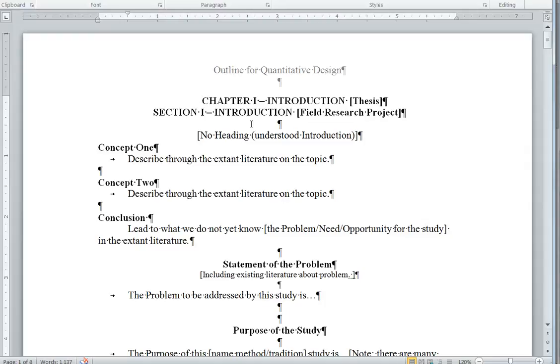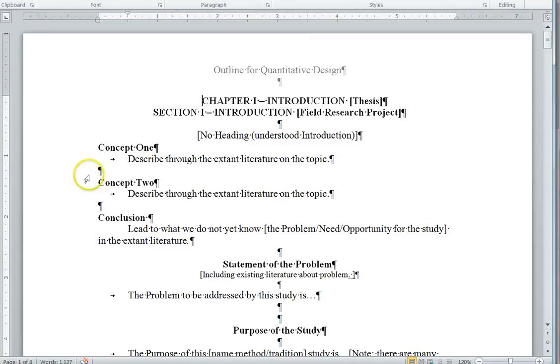The quantitative method we're going to take a look at is survey, because it's often done in organizations, and we're going to look at case study, which is also done in organizations quite often, as our qualitative method. So let's look at both similarities and differences.